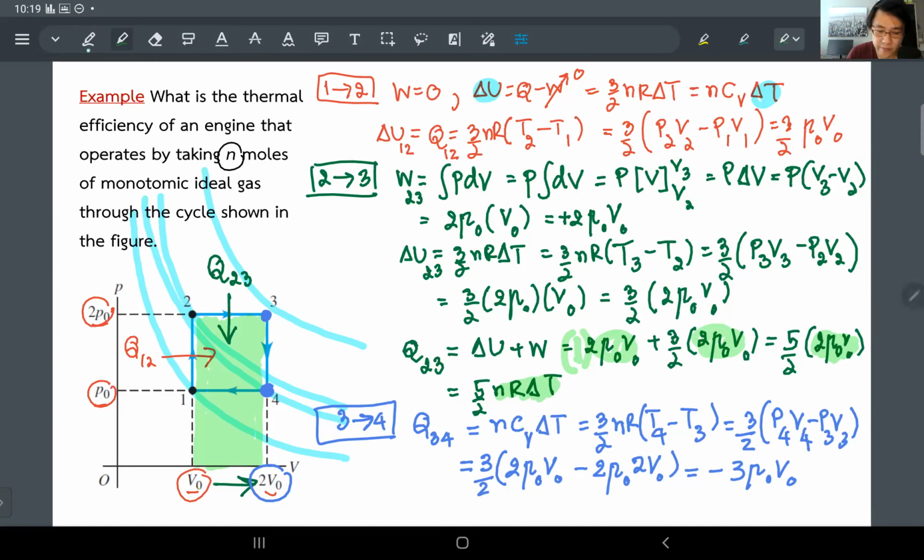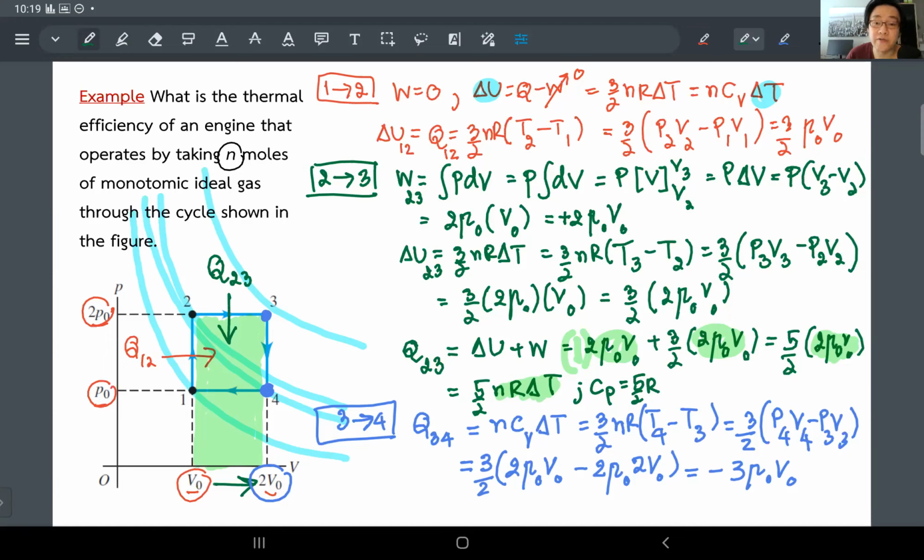Okay, let me write it down here for you guys. So remind you that C sub P is 5½ R. So at least you get the memory recalls a little bit that we did this back in the day of the constant pressure process.